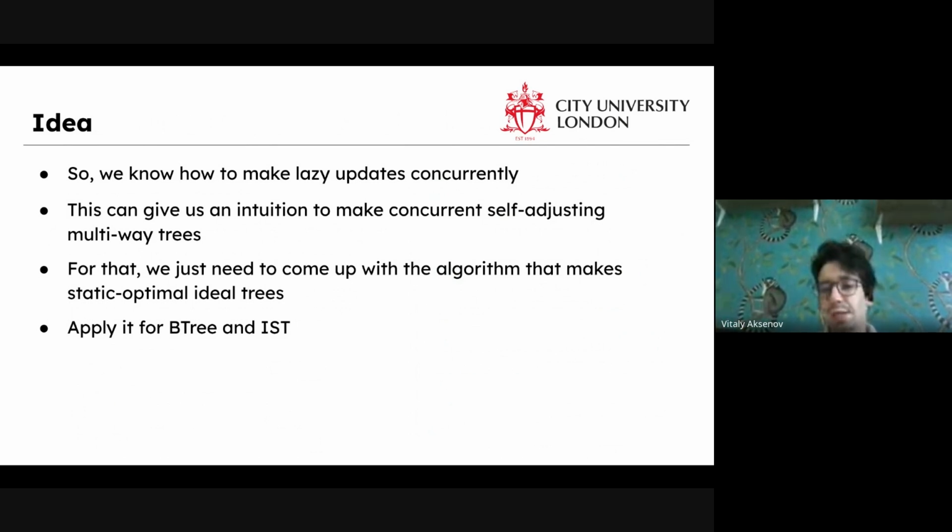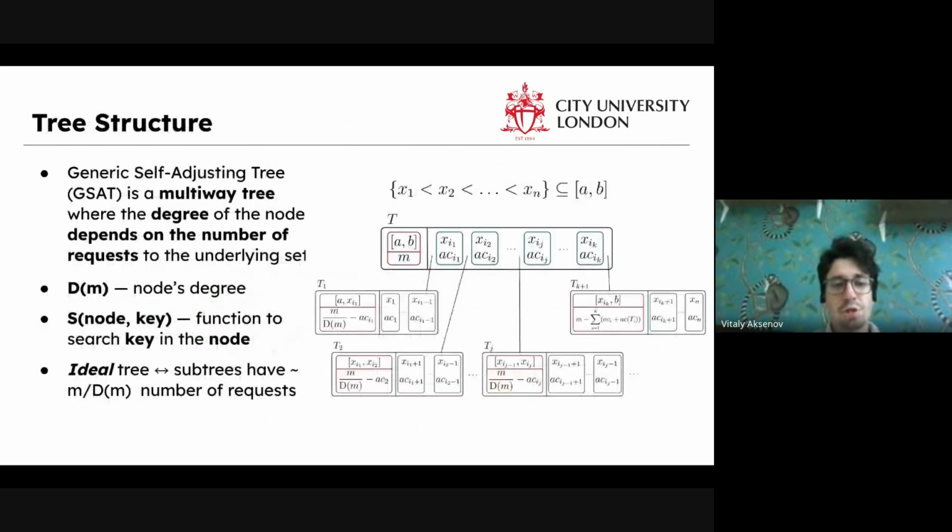If we put this rebuild in the same framework as the concurrent IST does, we will get the simple self-adjusting, to be more precise, static optimal tree. And then we apply it to the B-tree and the interpolation search tree. So the idea appears to be pretty simple.